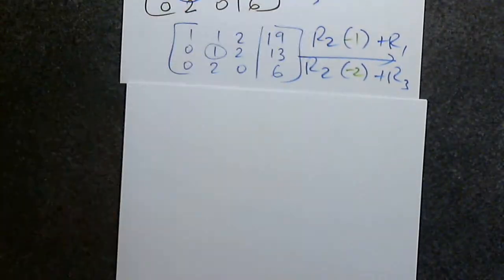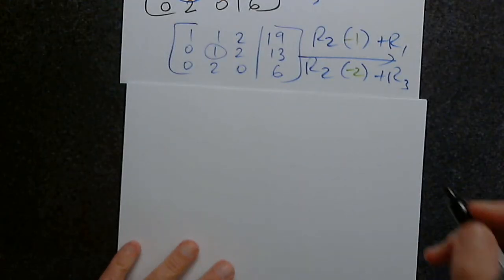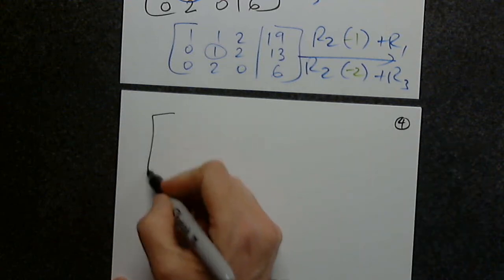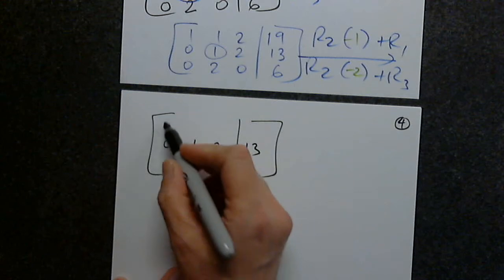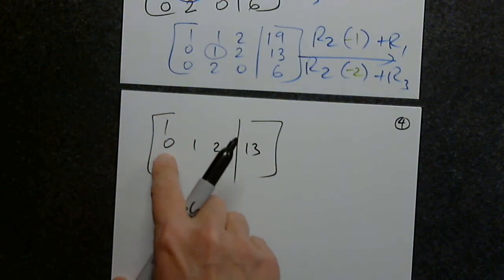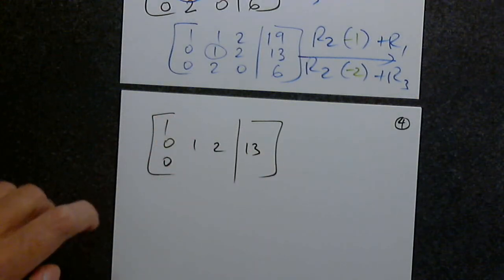Okay. So I copy 0, 1, 2, 13, and if I destroy this column, then I'm going backwards.